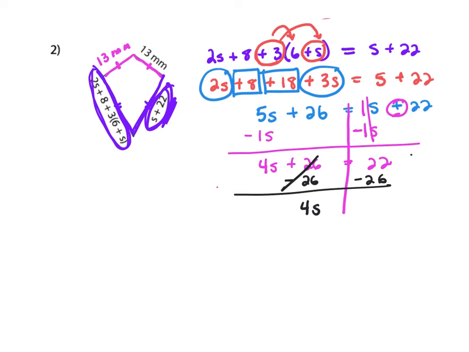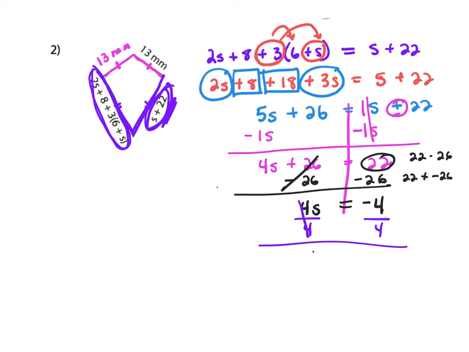So in your calculator, you're going to put 22 minus 26, or you're going to look at this like it's a positive 22, and you're adding a negative 26, in which either case you're going to get negative 4. Our final solving step is to eliminate the coefficient by dividing, and we have s equals negative 1.